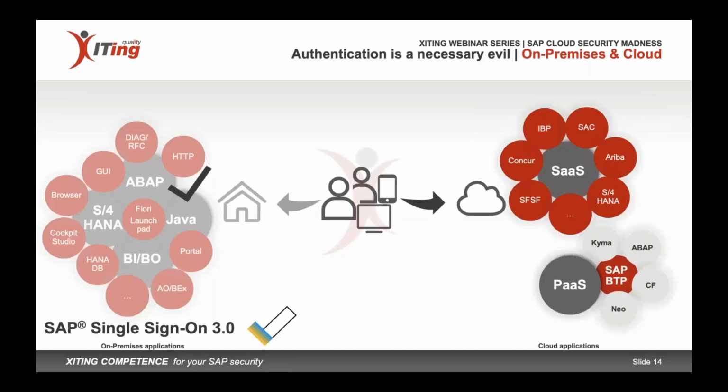So more or less, we have solved our issues, our problems that we have, our challenges for the authentication on the on-premise world. That's okay, we can use a single sign-on product.